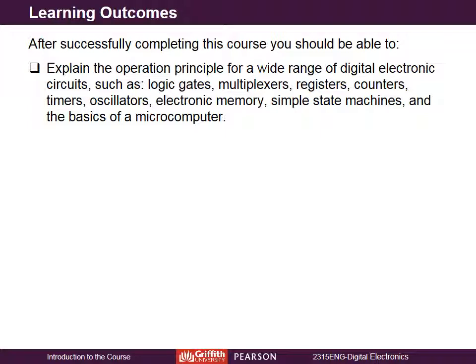We are going to learn from very basic circuits, for example, logic gates. We are going to start from very simple ones, for example, NOT gate, AND gate, or OR gate. Then we are going to make some other more complex circuits, for example, registers, counters, adders, and so on.